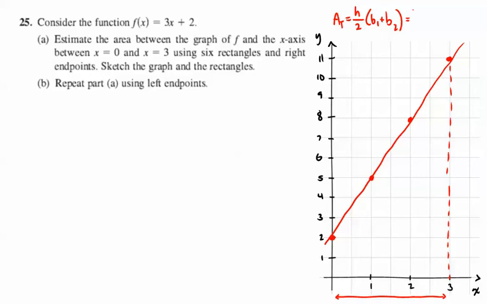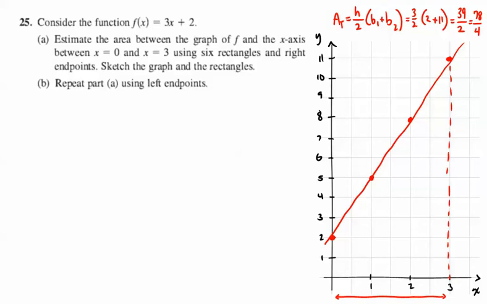So we have 3 over 2 times the first base, which is 2, plus the second base, which is 11, so we would have 13 times 3 over 2, which would be 39 halves, and we're going to see later we'll like to look at this in fourths, and that would be 78 fourths.